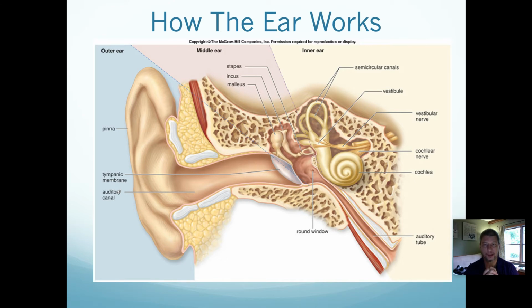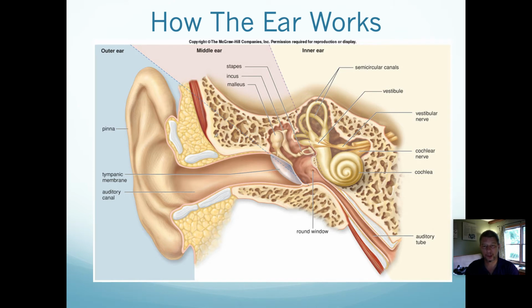All right, they essentially gather sound from outside our bodies, especially sound that's coming from in front of us. All right, if you ever see somebody who wants to hear something, they kind of go like this. What are you really doing? You're increasing the size of that pinna, and you're bouncing more sound waves down through the auditory canal. All right, and that's this tube that leads through the skull.